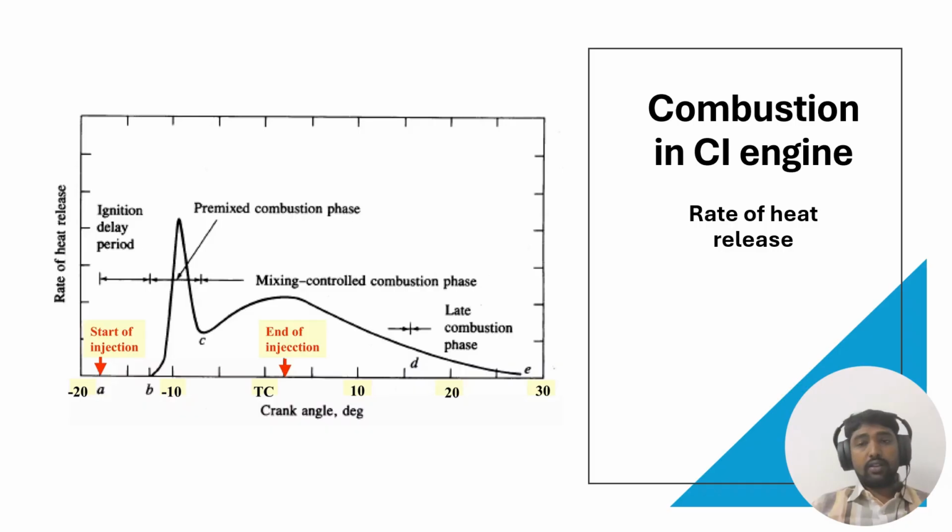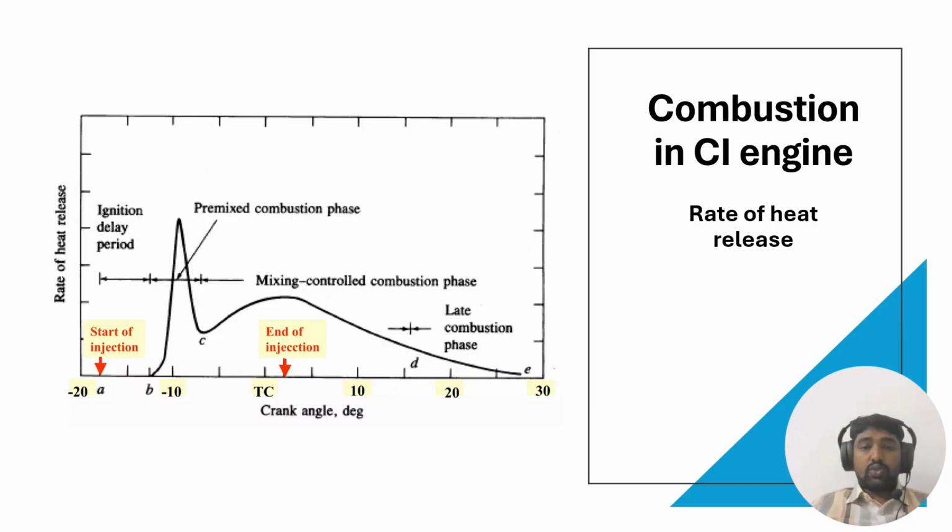Have you understood the concept? So once again I repeat, unlike the cylinder pressure curve, the rate of heat release plot directly tells us how much and how fast chemical energy is being converted.